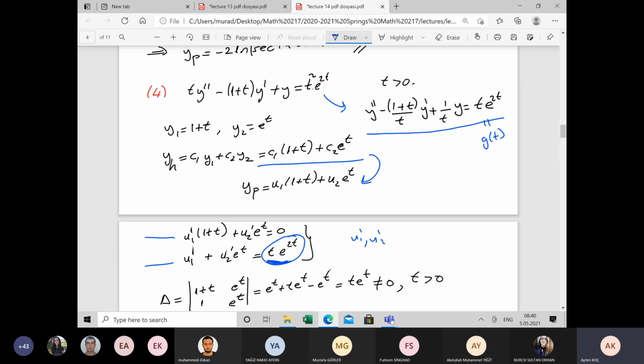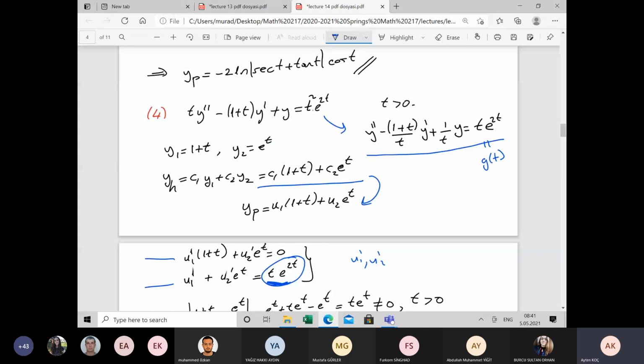It is easy to see: take y sub 1 equals 1 + t, compute the prime, which is 1, and y double prime, which is 0. Substitute here: this one is 0, this one is 1, and this one is 1 + t.